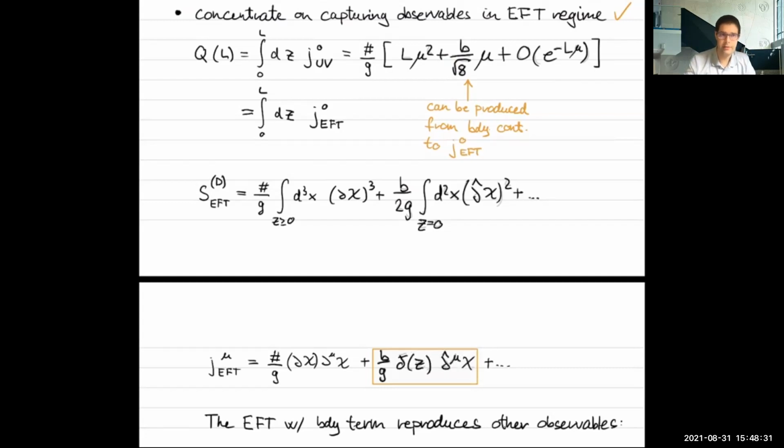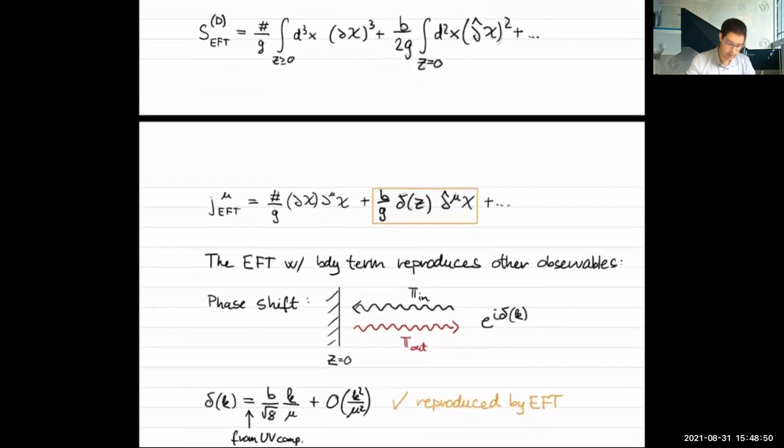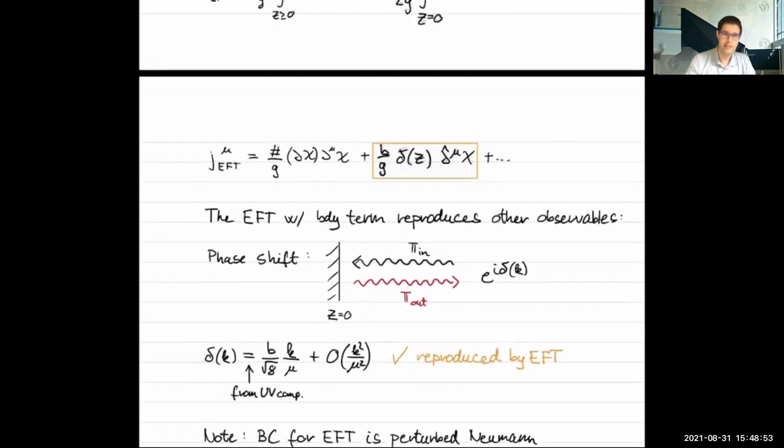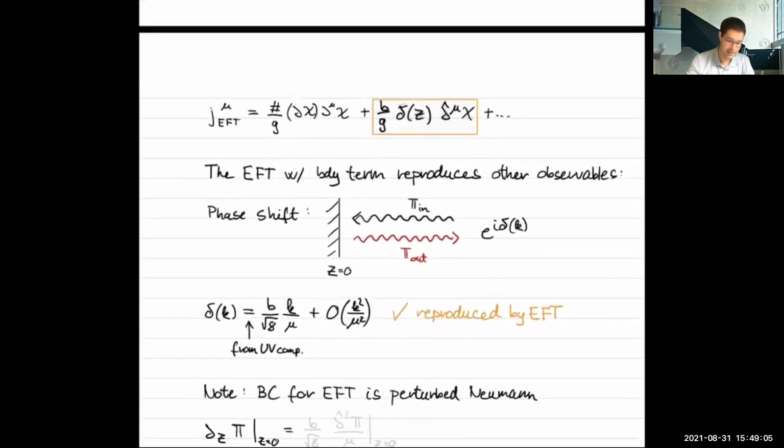And if we integrate the 0th component of this for this chi profile that Domenico asked about, the mu t, then we indeed reproduce this UV answer. So this is one quantity matched with one fudging of coefficients, but we check that other quantities computed from the UV are reproduced through this boundary action.